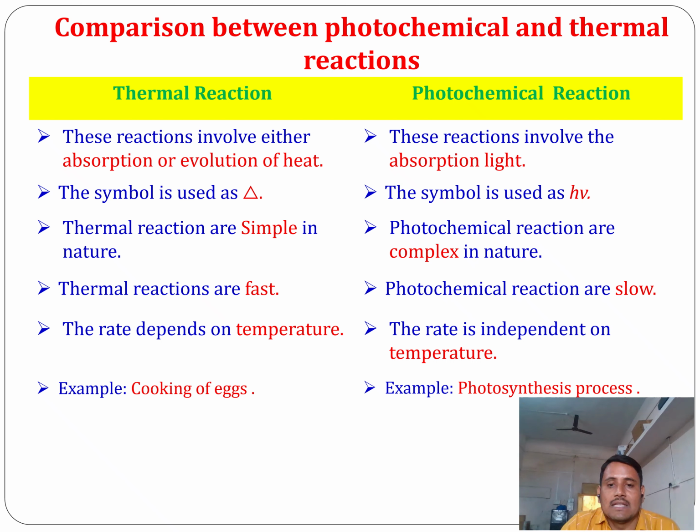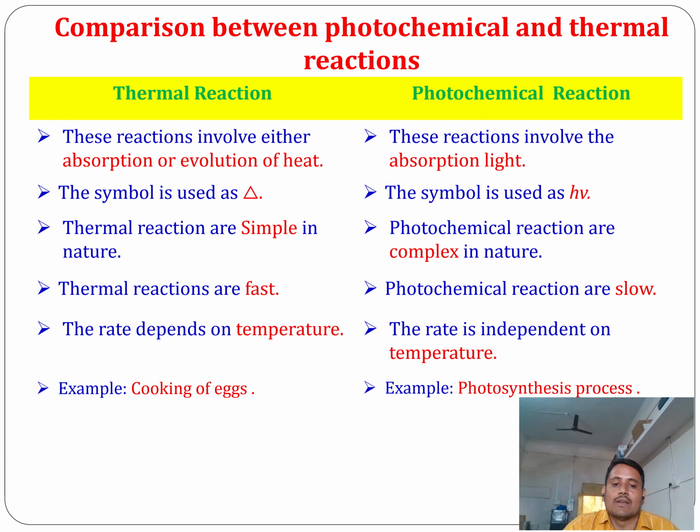In photochemical reactions the symbol used is h nu. The thermal reaction is very simple and easily possible, but the photochemical reaction is very complex. It requires a specific light radiation for a specific reactant, and gives a specific product. In thermal reactions, there is no need for specific heat or temperature.